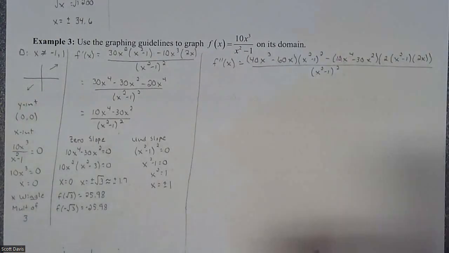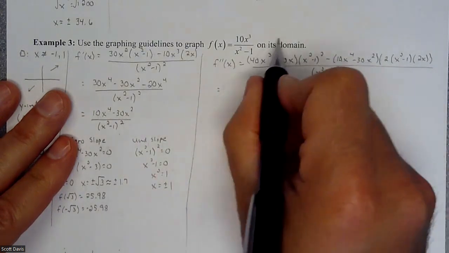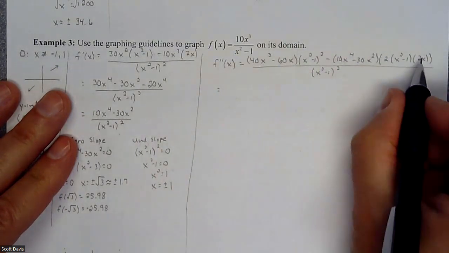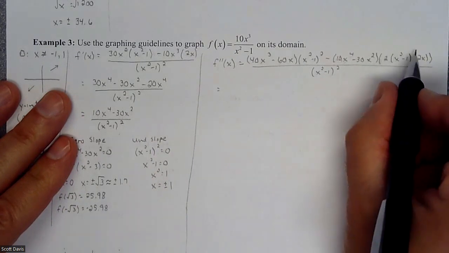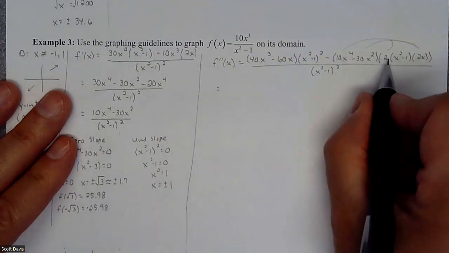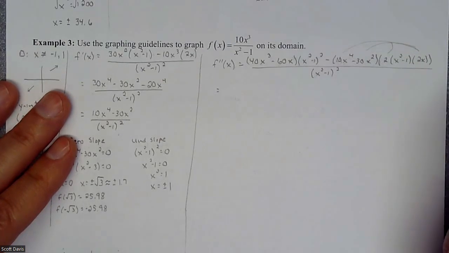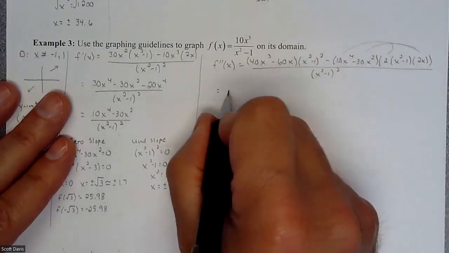Okay, so let's start to clean this up. We got a lot of cleanup to do. So we're not going to do anything with this. I am going to take this 2x times the 2 and then go ahead and distribute it in there. So it's going to be like a 4x multiplied into those. And I'm going to hold off on that for a second because it's a little bit bigger distribution. And there's something else that I can do on this. So I'm not going to do anything with this yet.